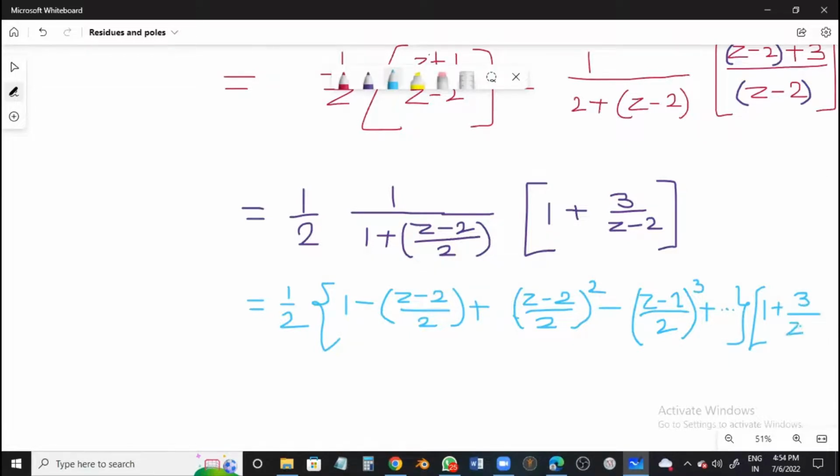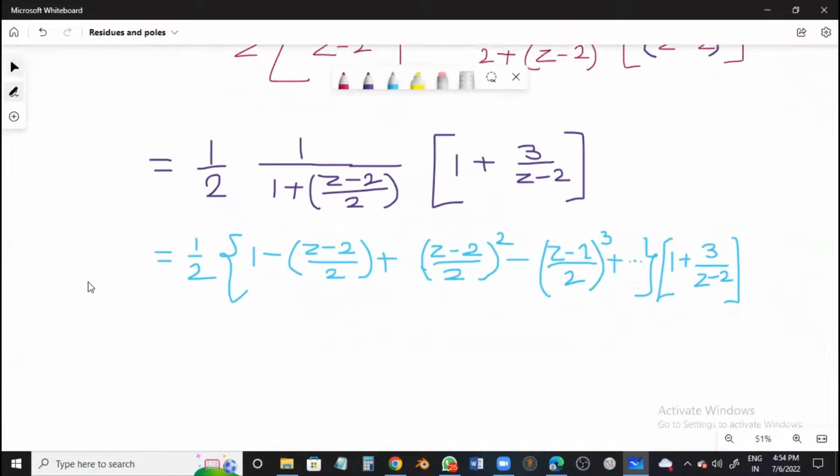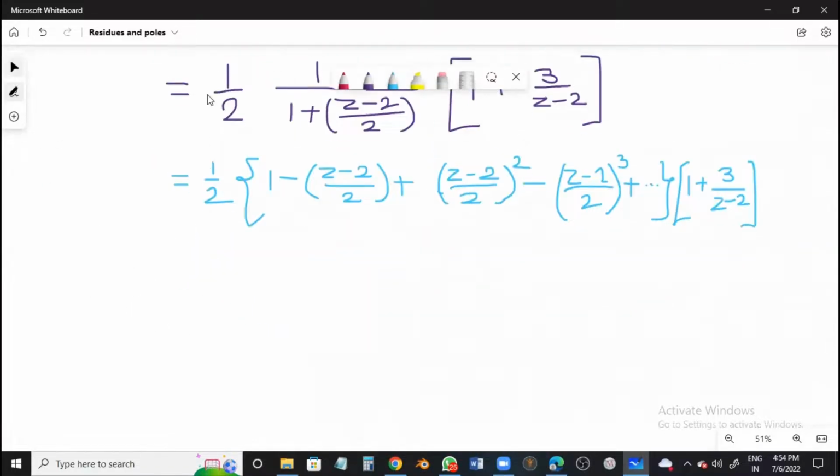Now you multiply them. If I multiply inside, what do I have? Half as it is, in the bracket. I'm multiplying by 1 throughout, so all the terms will remain as they are.